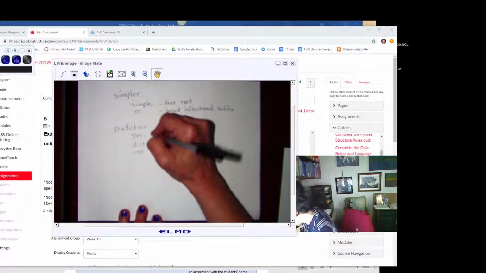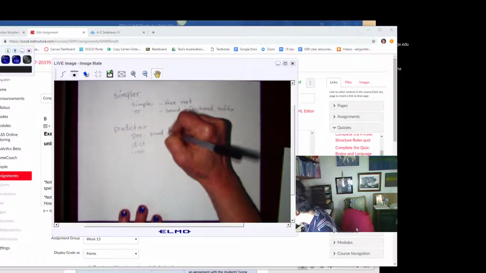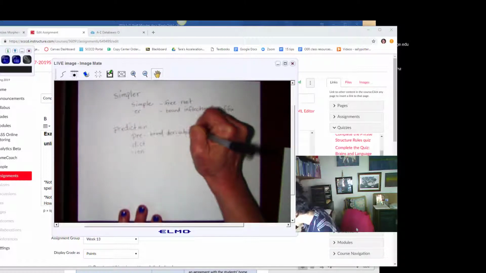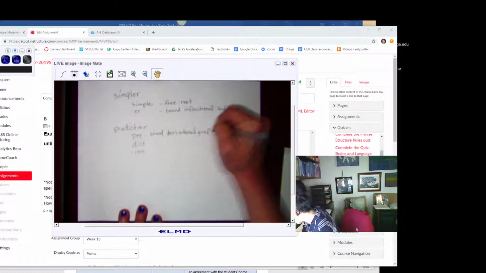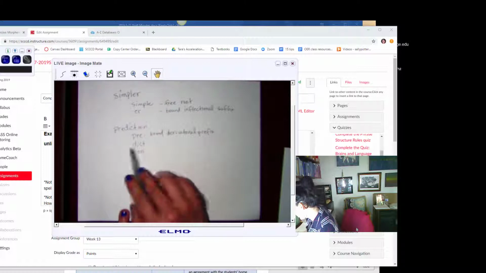So this is a bound derivational prefix. And remember that in English, all prefixes are derivational. Our only inflectional affixes are suffixes. Then we've got this thing here, which is dict.